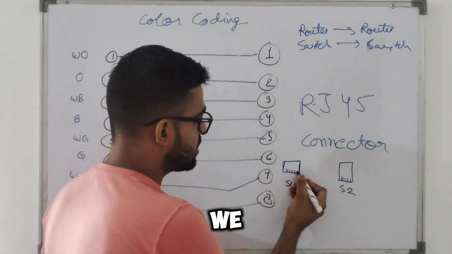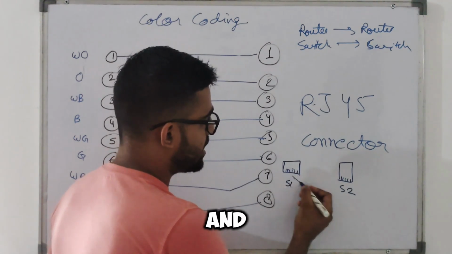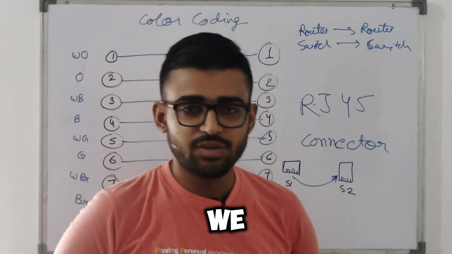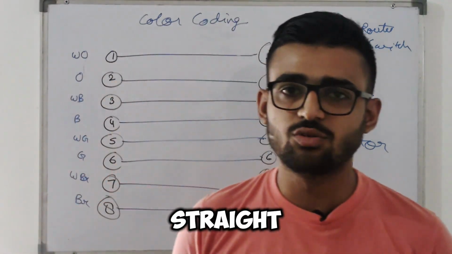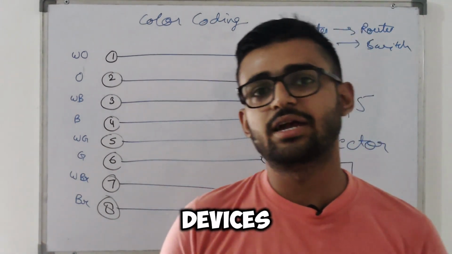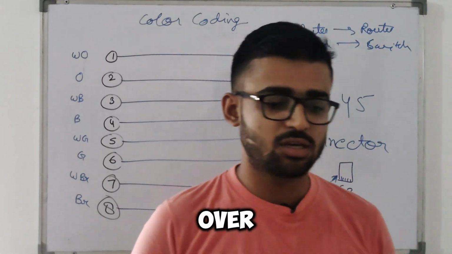So we generally cross over these middle pins and connect them with each other. That's why we use a straight through cable for connecting different devices, and for same devices we use crossover cables.